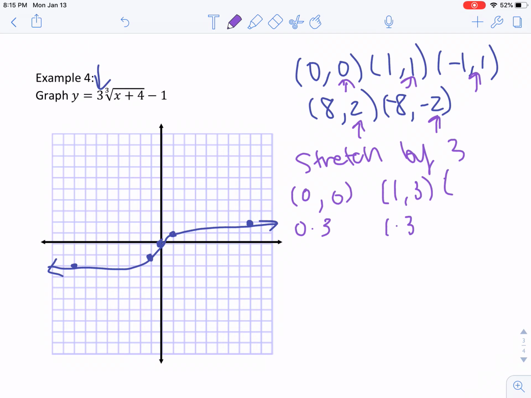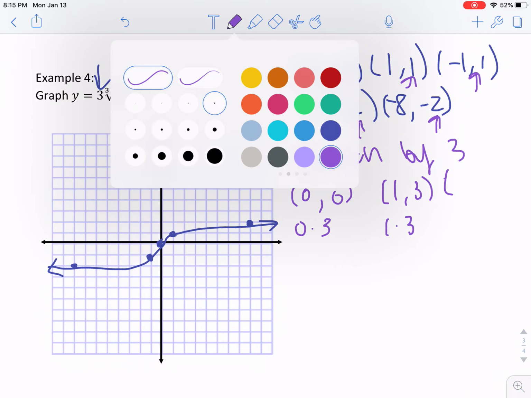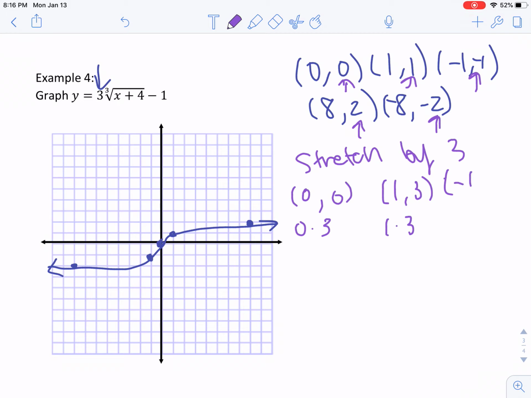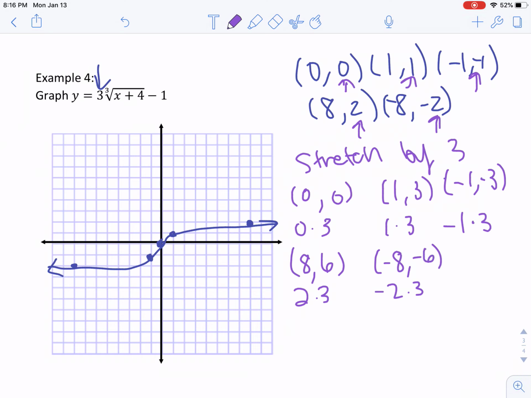For negative 1, negative 1, I take the y value negative 1 and multiply it by 3 to get negative 3. For 8, 2, I'm taking the 2 and I'm multiplying it by 3 to get 6. And for negative 8, negative 2, I'm taking the negative 2 and I'm multiplying it by 3 to get negative 6.